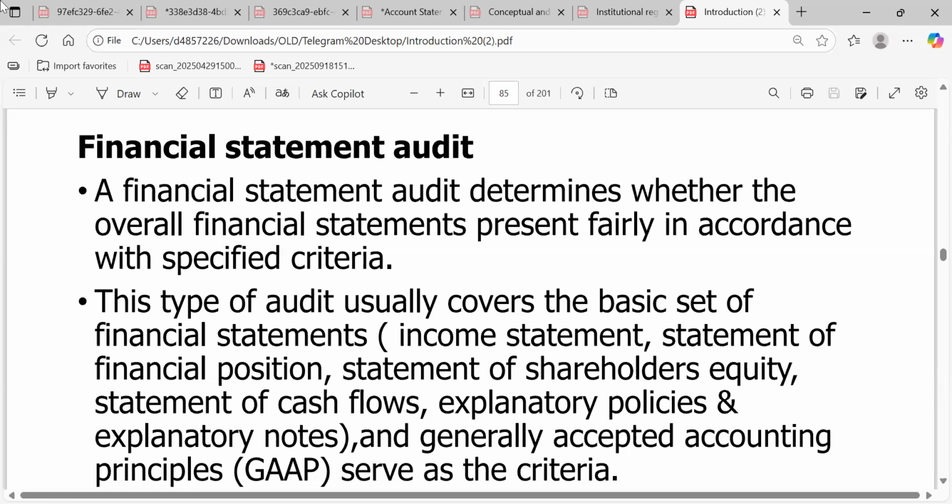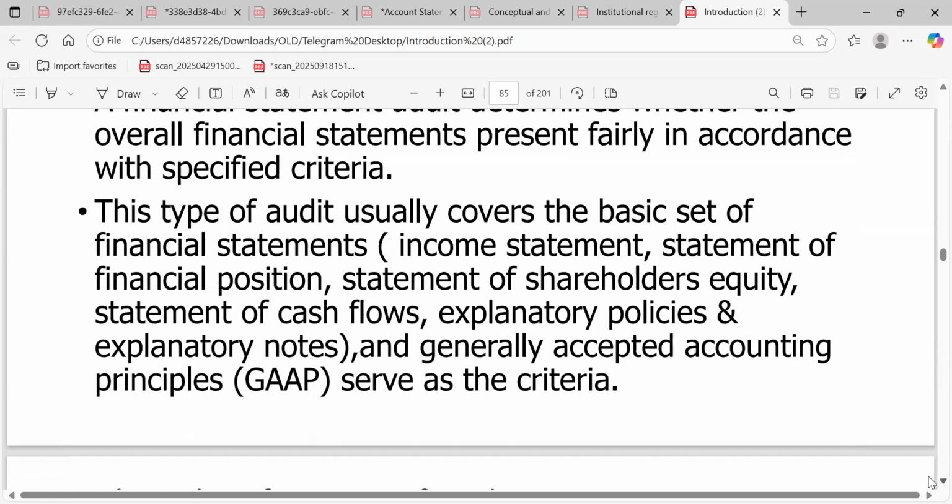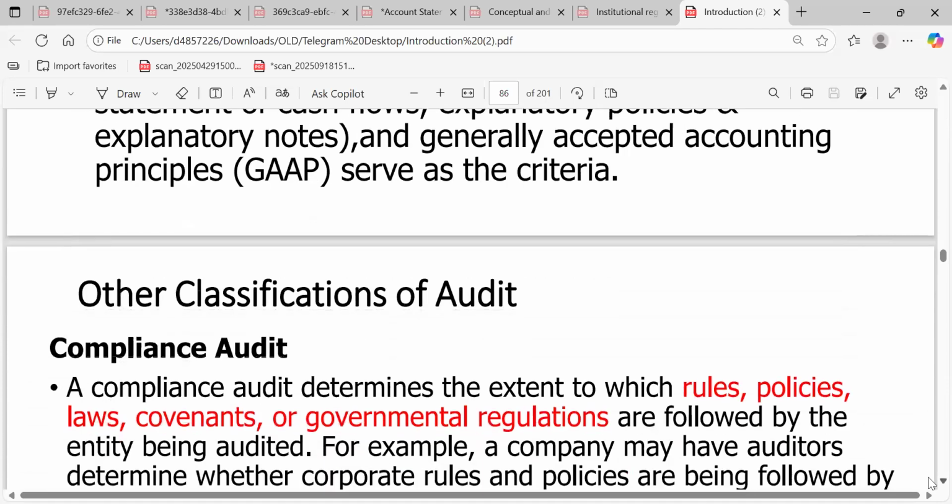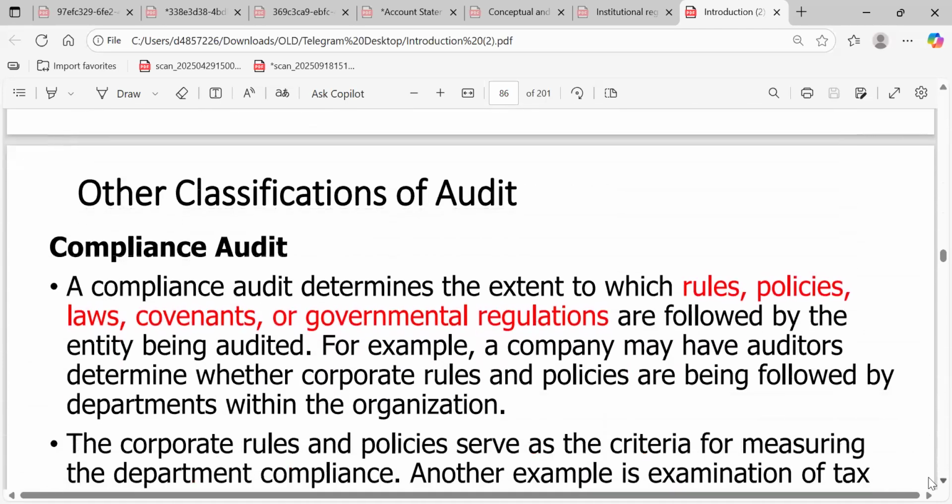That's the full components of the financial statement. So when the auditor examines these various statements, it is termed as a financial statement audit.